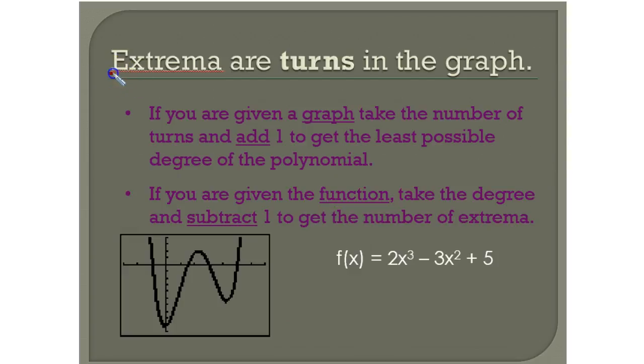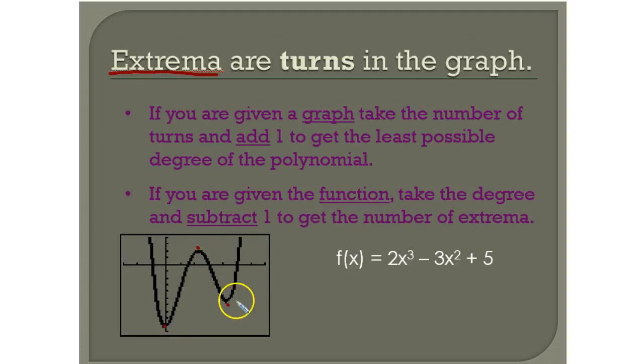Remember that the extrema are kind of like all the turns in the graph, all the changes of direction in the graph, and there's a relationship between the extrema, the number of turns in the graph, and the least possible degree of the polynomial. So let's talk about this really quickly. If you are given a graph, for example, we have a graph right here, and remember we just looked at it.